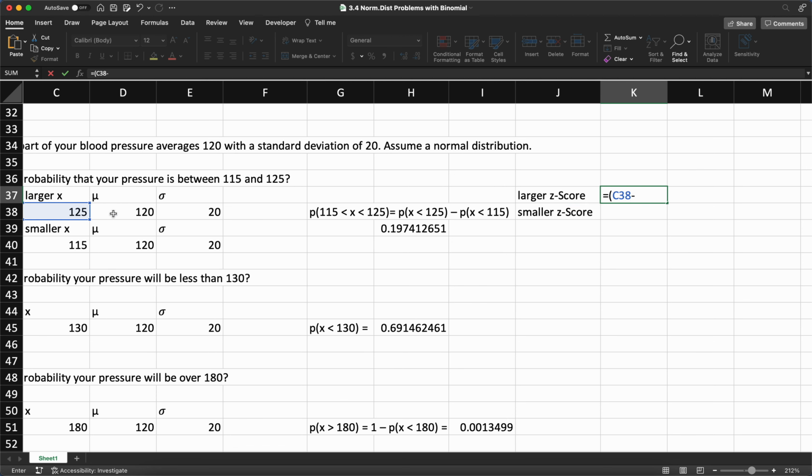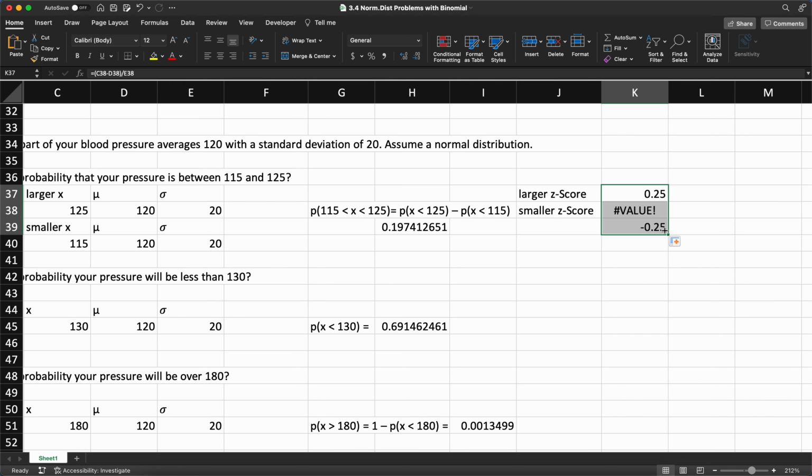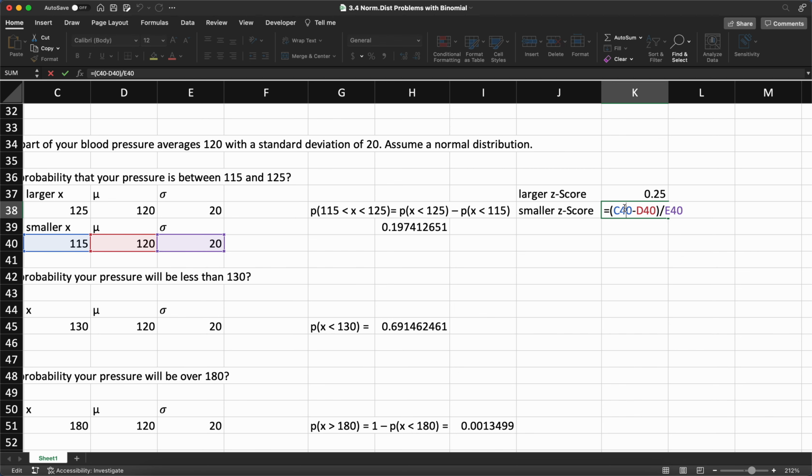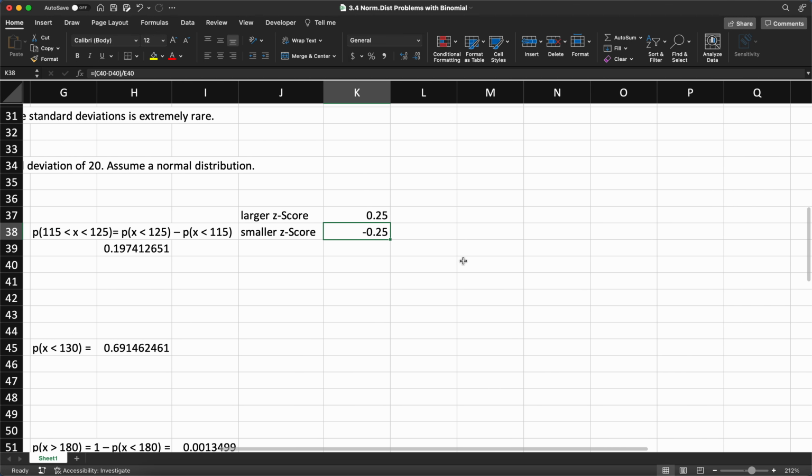So I'm going to subtract the mean, and then I'm going to divide by the standard deviation. And so if I do the same thing for the smaller z-score, I get this value here, and now I'm drawing from these numbers over here. And so you can see the z-score for the larger number is 0.25, and the z-score for the smaller one is negative 0.25.